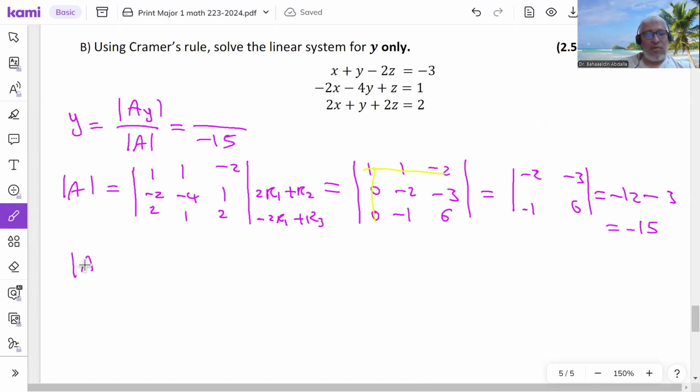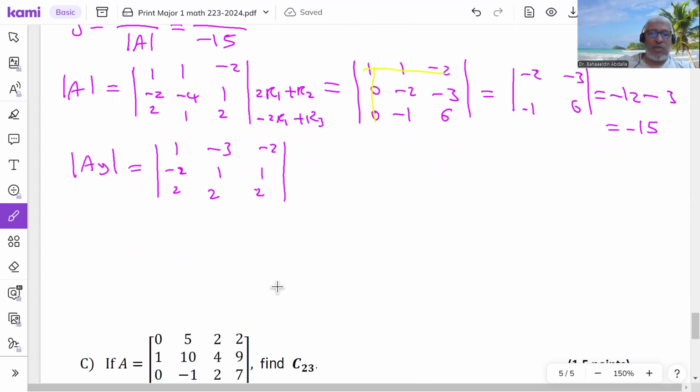Well, the determinant of Ay is exactly the same as the determinant of A, but changing the column of y. This is the column of x, keep it, but the column of y should be changed by the constants, -3, 1, and 2. So again, I'll use the same transformations.